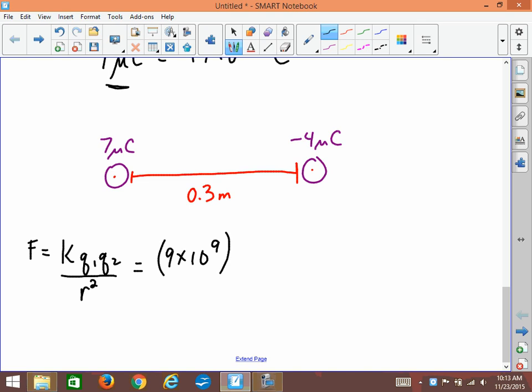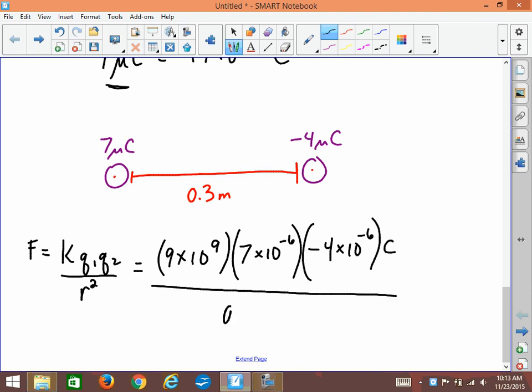Multiplied by the 2 charges. And here's where I'll make the conversion from microcoulombs to coulombs. So it's 7 times 10 to the -6 coulombs for the first one, and -4 times 10 to the -6 coulombs for the second one. And then we're dividing all that by 0.3 squared.